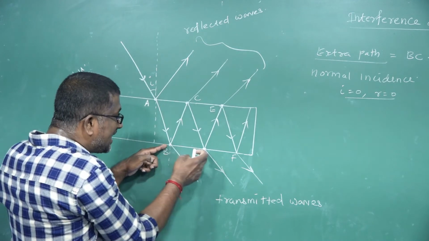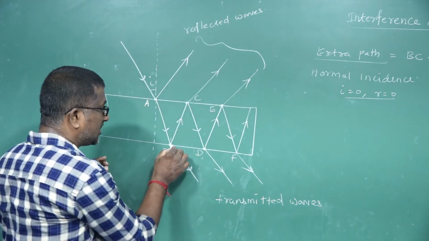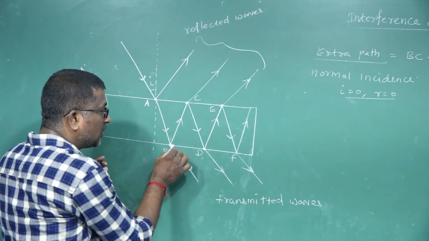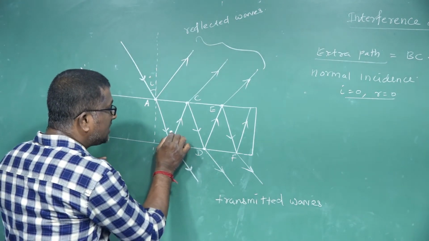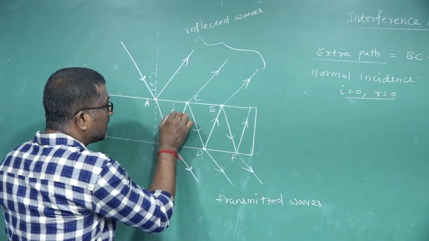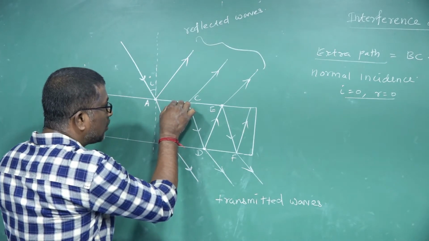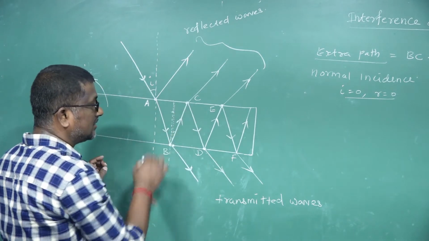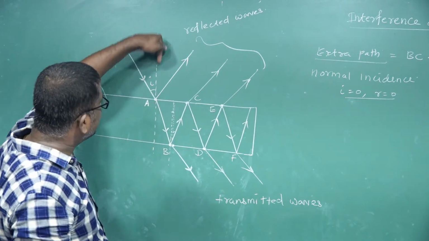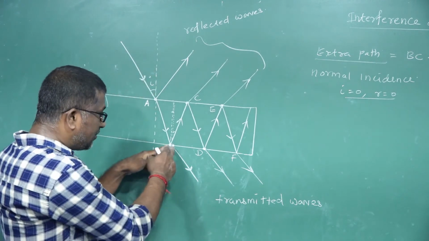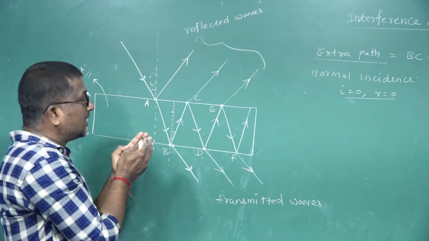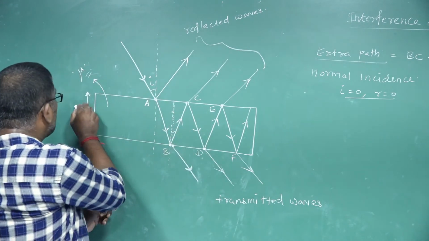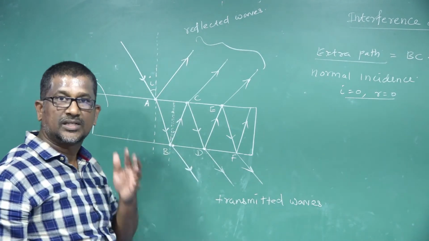For normal incidence, the points B and D are very close to each other. So the light BC travels along this direction, and once again it gets reflected along the CD direction like this. If the light is incident normally, the points B and D are very close to each other, then the distance BC and CD is almost equal to the thickness of the thin film.